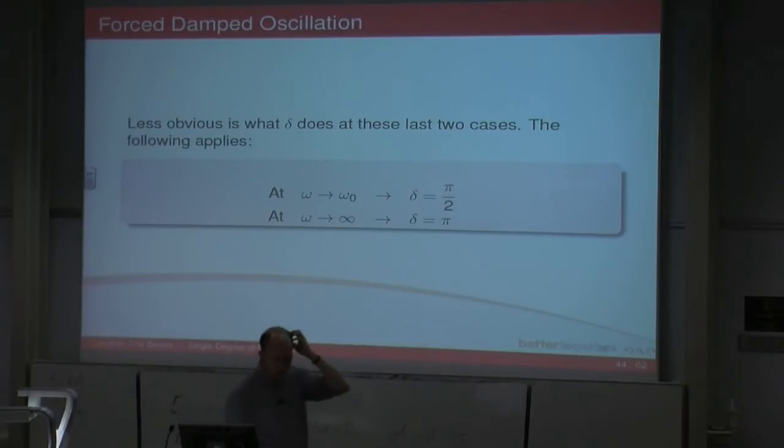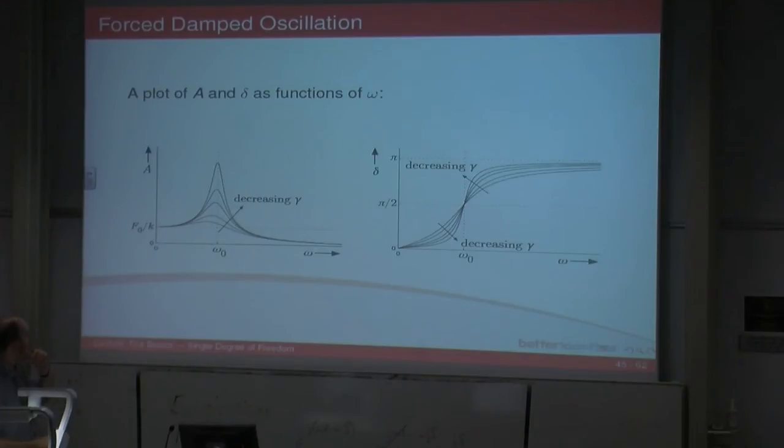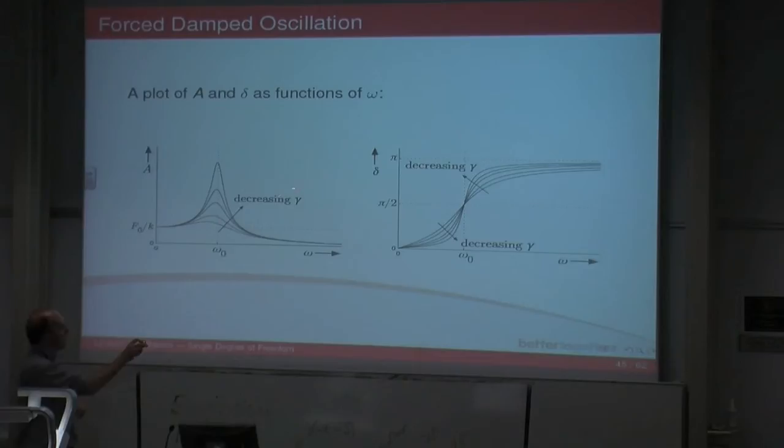And what we can do is we can now plot what A and delta do for various values of omega, and you end up with some plots that look like this. Here we've got amplitude versus frequency. You can see as frequency approaches 0, we've got a value of f naught upon k. As you increase the frequency that you're driving the system at, you reach a point where you hit resonant frequency, and you can see the amplitude is increased by such a distance to get to this point, depending on your value of gamma.